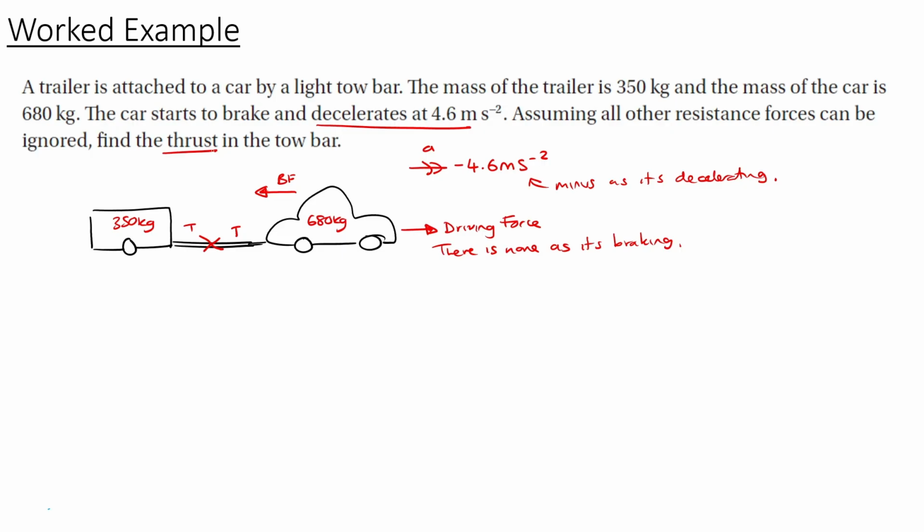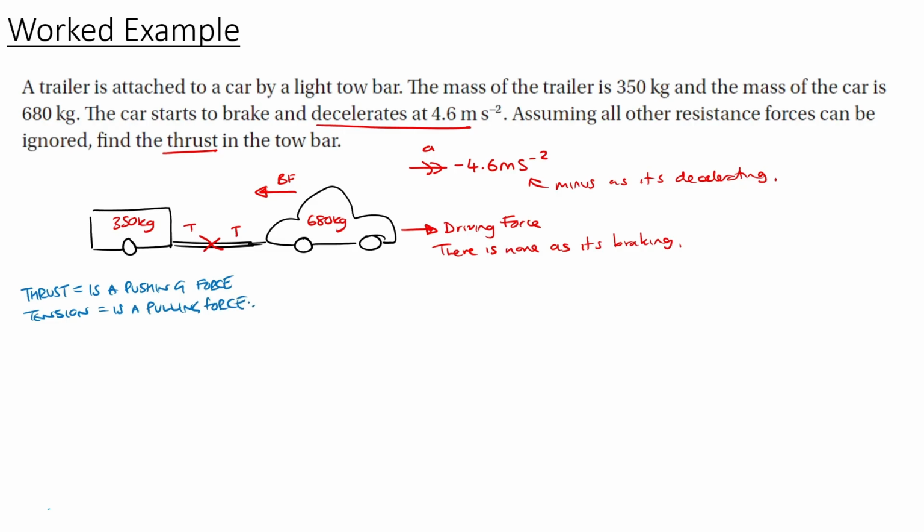Now in mechanics, thrust is what pushes an object and tension is what pulls an object, and it's really important that we make a note of it. You don't need to note it in this particular question, but it's worth reminding ourselves. So thrust is a pushing force and tension is a pulling force.